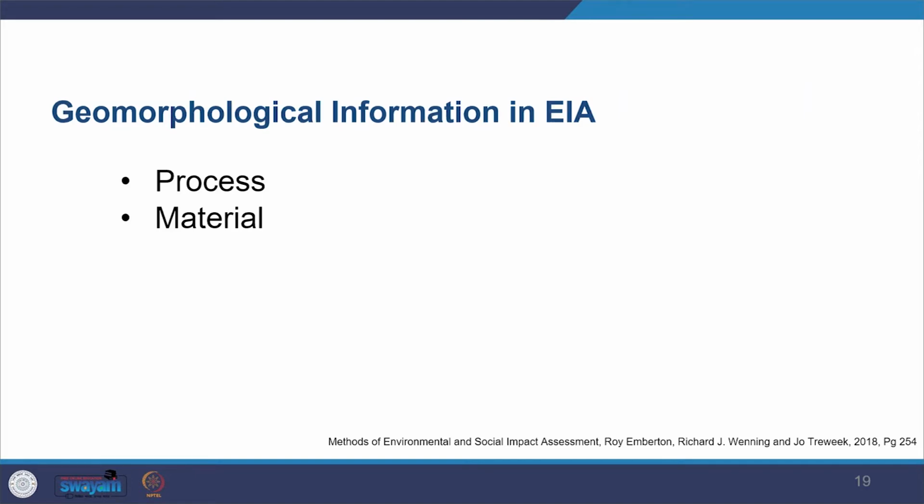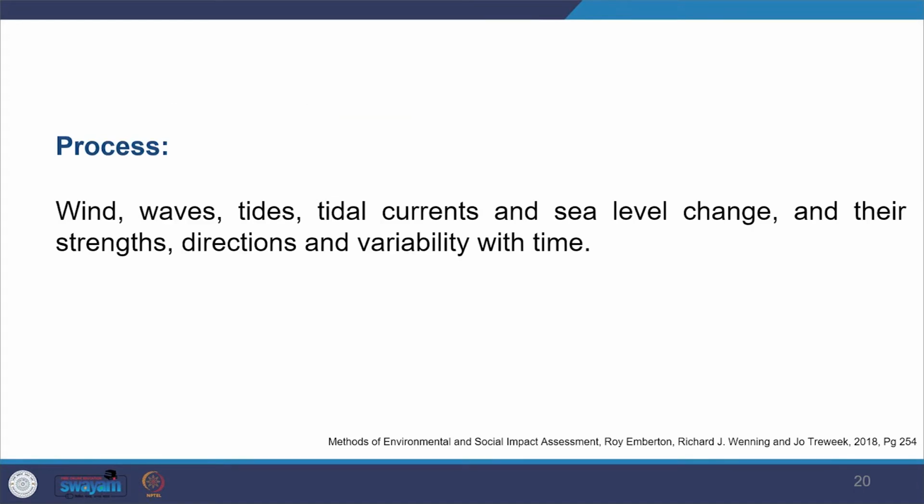So for EIA, you need two kinds of geomorphological information: one is process and the other is material. For the process information, you look at marine forcing factors, like wind, waves, tides, tidal currents, and sea level change.